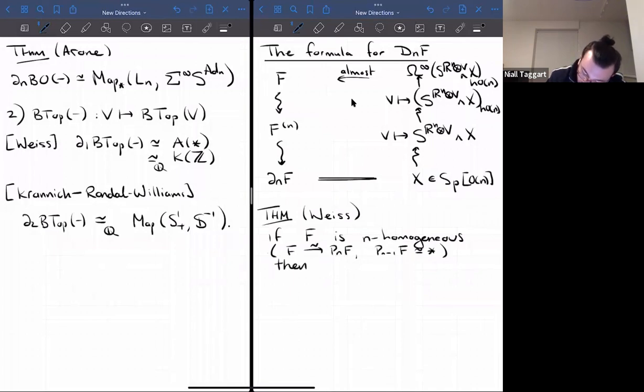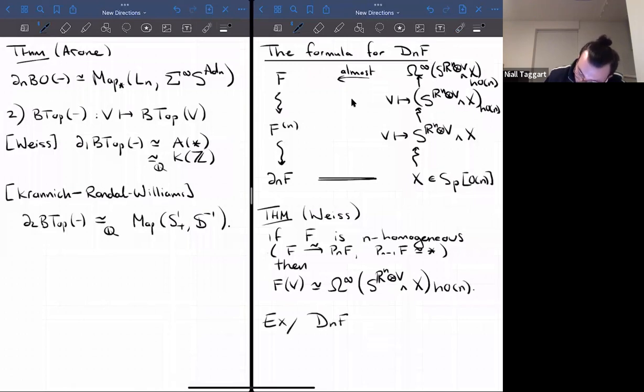And then this loop here comes out to give you an equivalence. So F of V is this infinite loop space, but with the derivatives. So the example is that D_n of F is n-homogeneous for any n, and I guess any F.